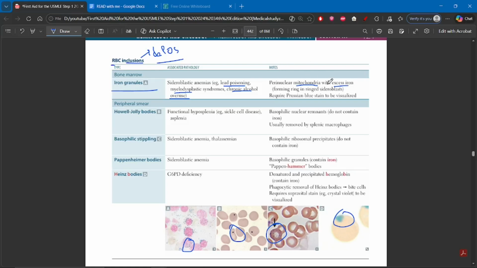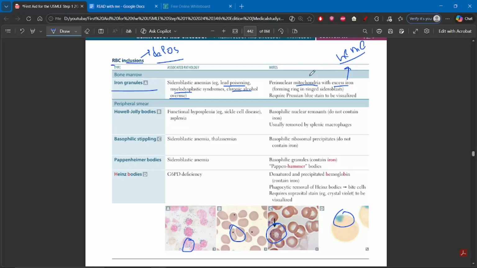Iron goes to the mitochondria and is stored there so that it can be used in the process of heme formation. But since this process is not working, the iron starts to deposit in the mitochondria.